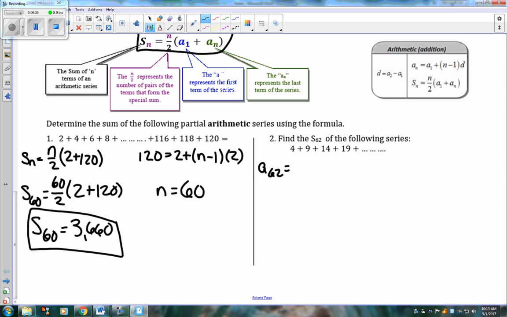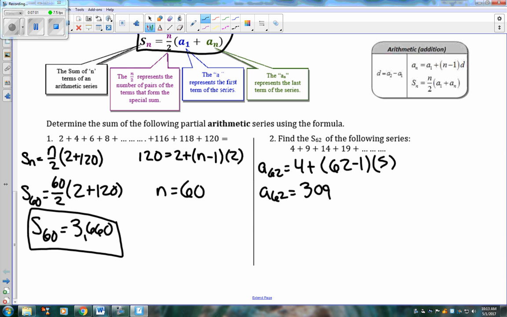What's my first term? Plus 62 minus 1 times my common difference, which is 5. So what's a sub 62 equal to? Did everyone get 309?